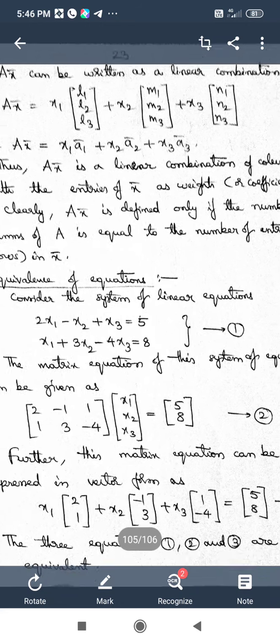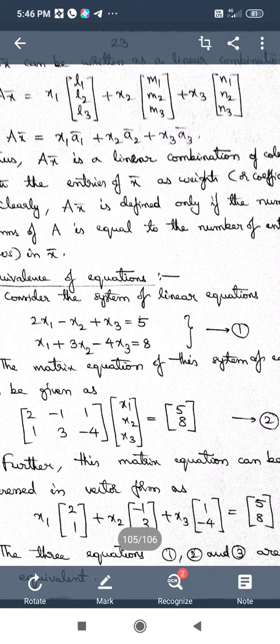So in equation 2, there are 3 column vectors, 3 columns in the matrix A, and each column I am multiplying with the corresponding entries in the matrix X bar.